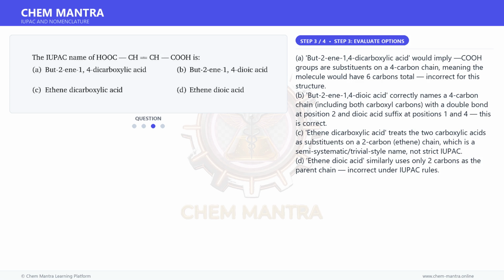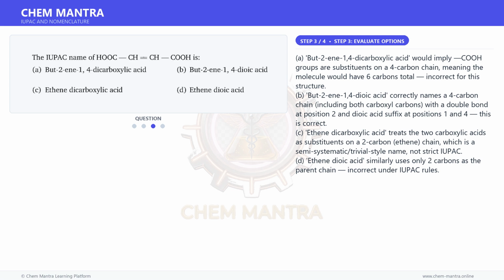But-2-ene-1,4-dicarboxylic acid would imply COOH groups are substituents on a 4-carbon chain, meaning the molecule would have 6 carbons total. Incorrect for this structure. But-2-ene-1,4-dioic acid correctly names a 4-carbon chain, including both carboxyl carbons, with a double bond at position 2 and dioic acid suffix at positions 1 and 4.